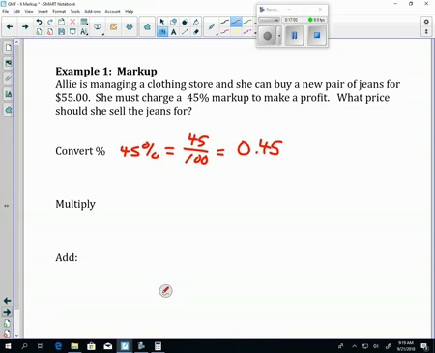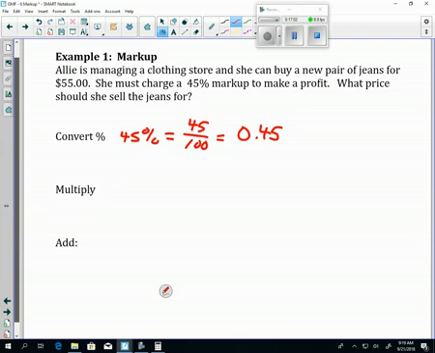Then we look at what she paid for it, $55, and we multiply it by that markup.